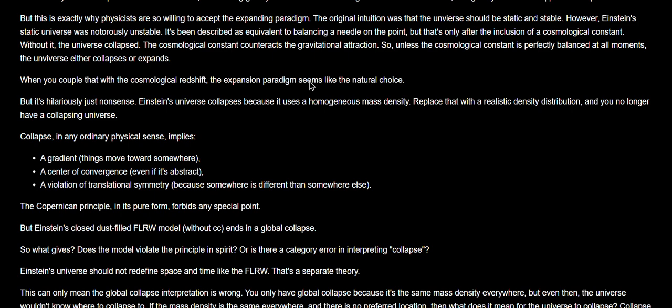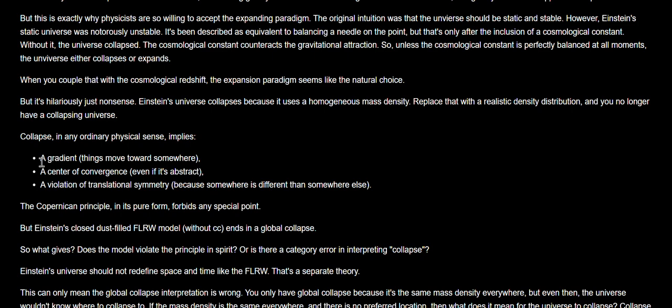This is not a cosmological model. Homogeneity is not a real concept. A collapse has a gradient, a center of convergence, and a violation of symmetry. So you have to have some place for it to collapse to. Once you choose a place for it to collapse to, then you're violating the Copernican principle.